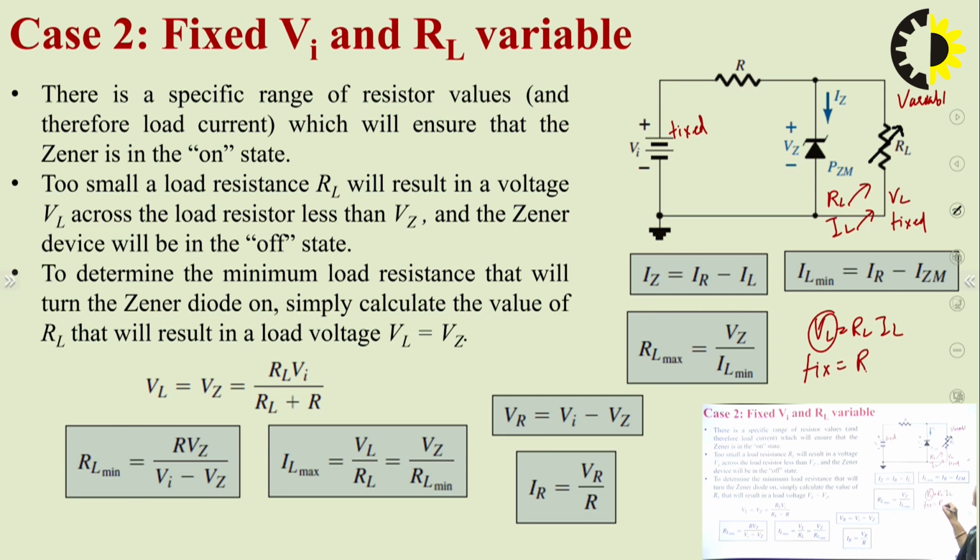If RL is maximum, IL will be minimum, and if RL is minimum, then IL would be maximum. Here Vi is fixed, so the amount of current passing through IR will also be fixed, it will not be varying.